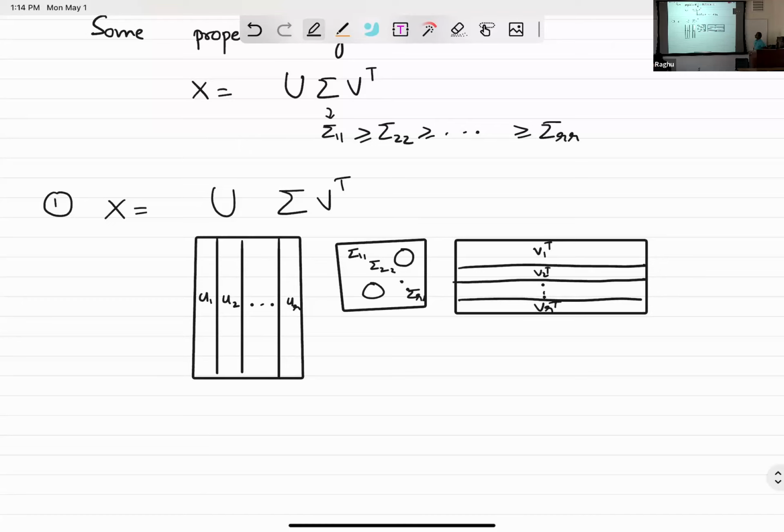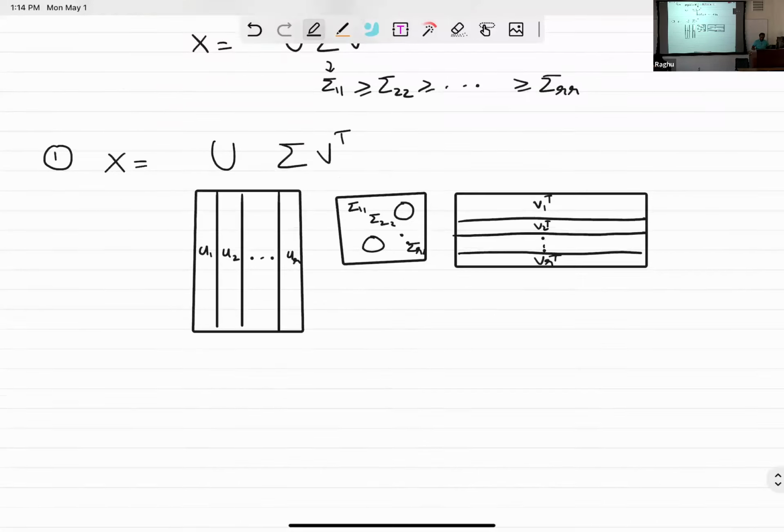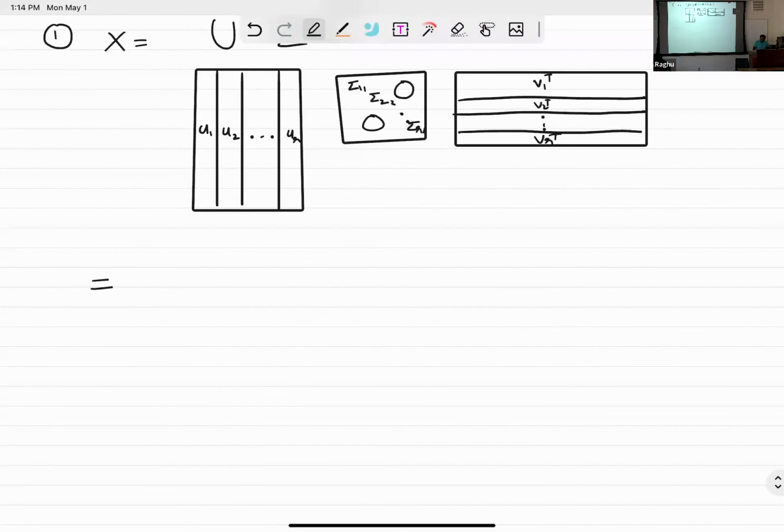And instead of thinking of it always just as a product of three matrices, you can alternately also visualize it as the following. Because sigma is diagonal, when you're trying to expand this whole triple product, U1 will only be multiplied with V1 at all times. Because sigma is diagonal, you don't have cross terms. So in fact, you can even write it as something like this.